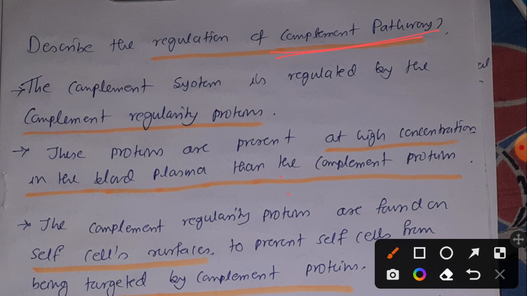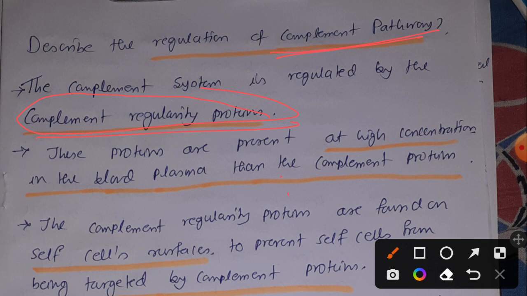As a result, our immune system also develops some complement regulatory proteins which are present at high concentration in normal serum, and their main goal is to protect the self cell from the action of complement proteins.